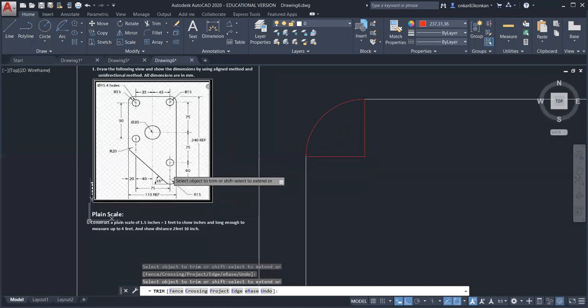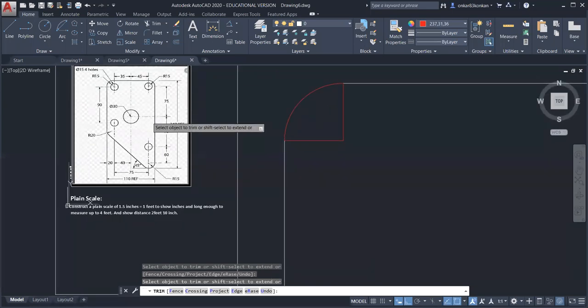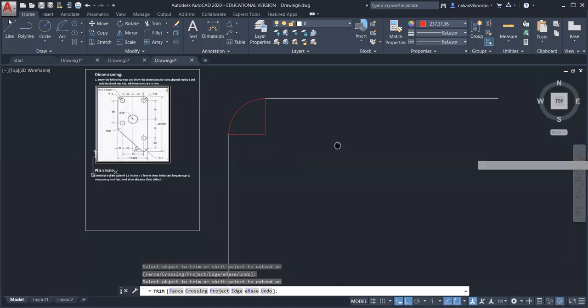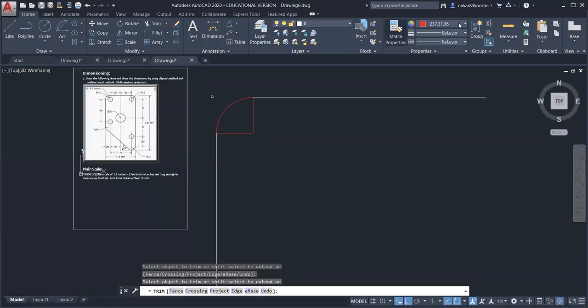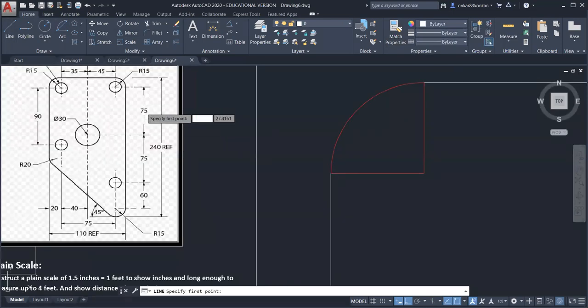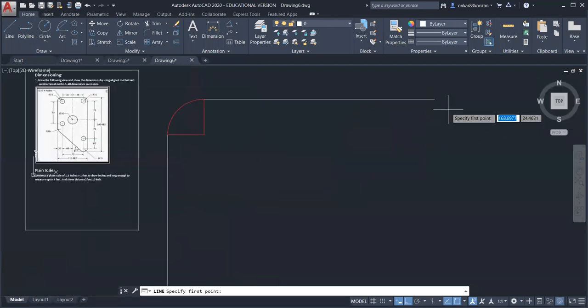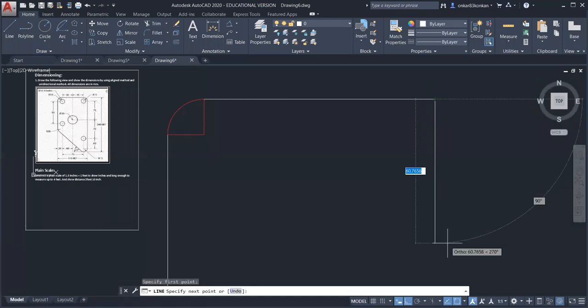So for this R20, first draw this vertical line from the right corner. So this total distance is 75 plus 75 plus 60, and plus 15 plus 15, that is 30. So it is 240. So from this point, mark 240.